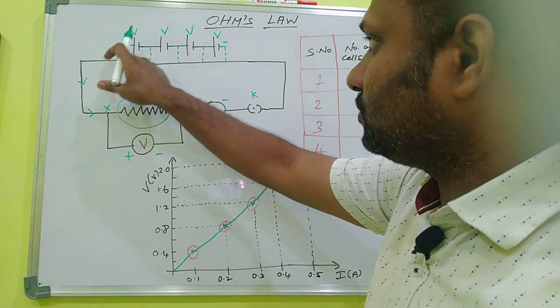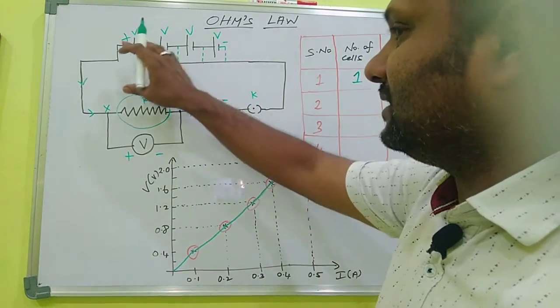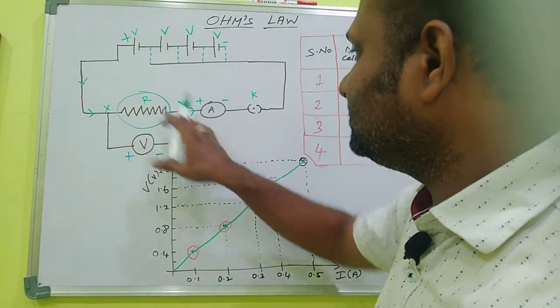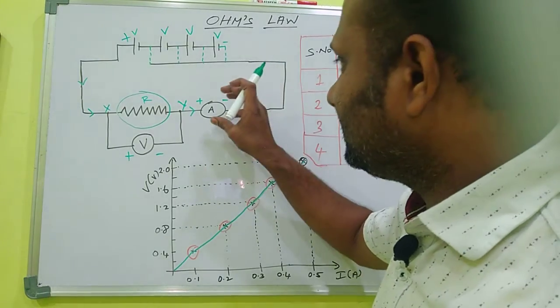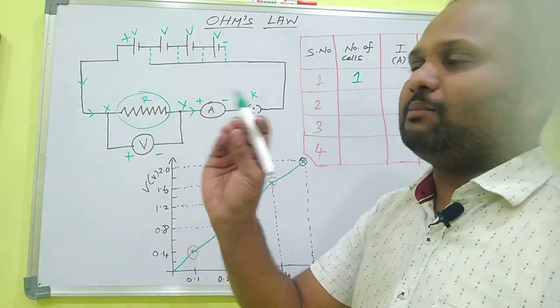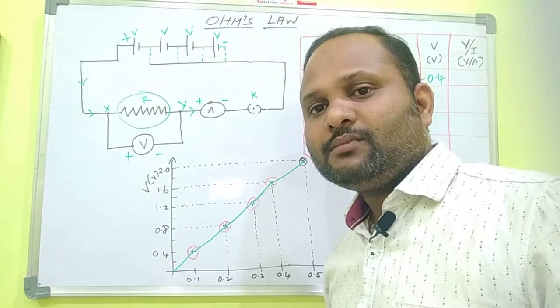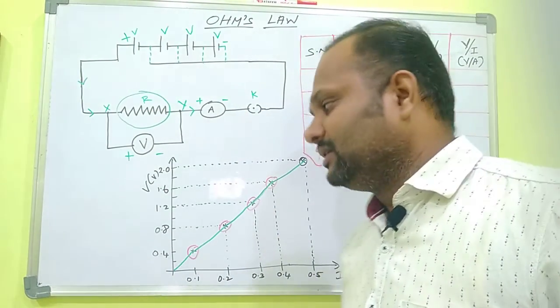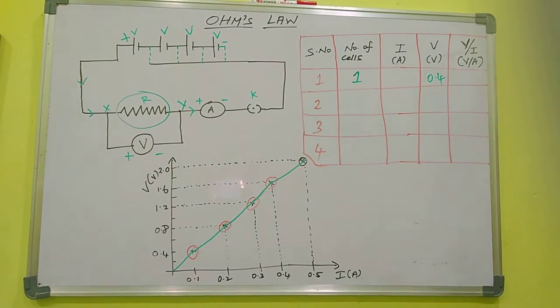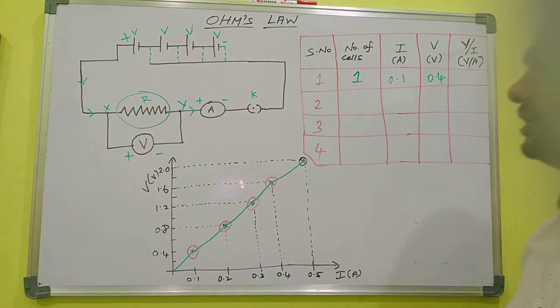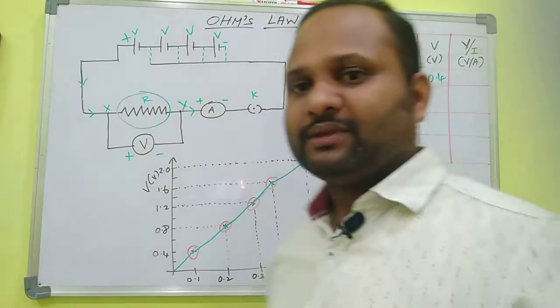Now the circuit is closed and only one cell is connected. How much electric current is passing through the circuit? We can measure the current using this device called an ammeter. Suppose the current is 0.1 ampere. Okay, good, 0.1 ampere.